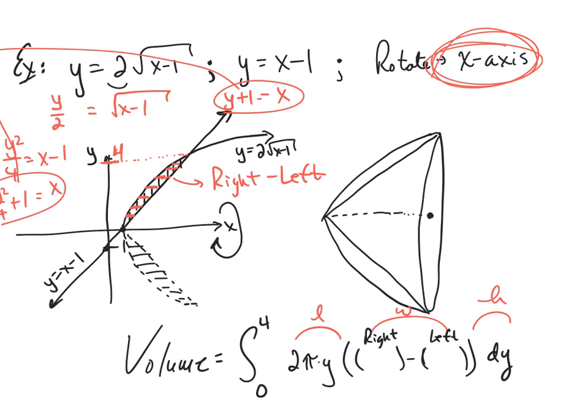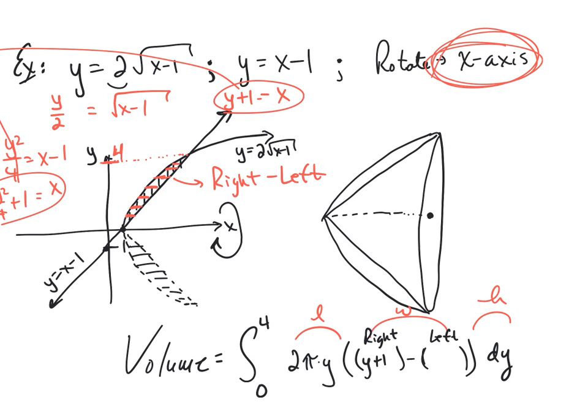Okay, so back to the picture. Which of the two curves is on the right for any one of the widths? Well, it's going to be the straight line. And the straight line equation looks like x equals y plus 1. Please notice I don't use the original because I need to make sure that everything is in terms of y's. So I have to use the second version where we've solved for x, right? So that it's in terms of y's. Okay?